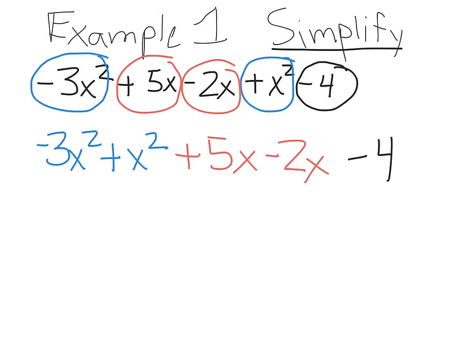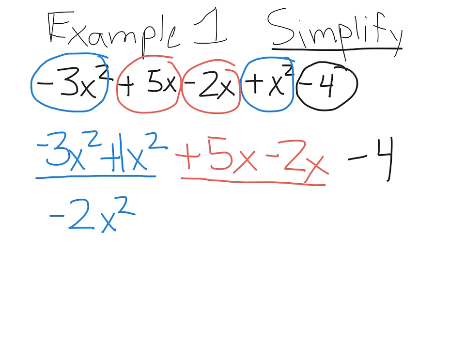Now, after I do that, I'm going to find the sum of the like terms. Right here I can slide a 1 in front of this x squared, and then I figure out what negative 3x squared plus 1x squared is. I just add the coefficients, and then the x squared gets put in the back here, so that is negative 2x squared. Now I'm going to do a positive 5x minus a 2x.